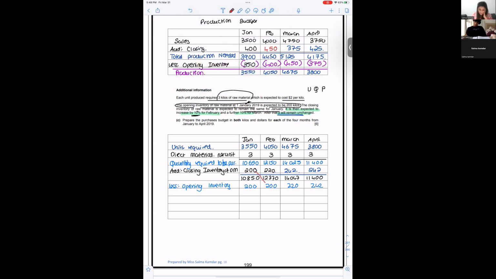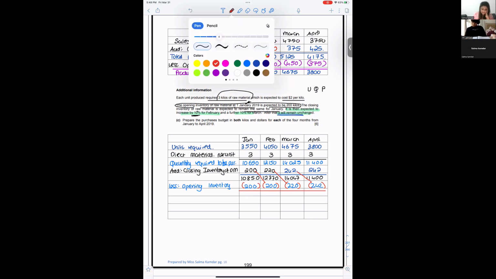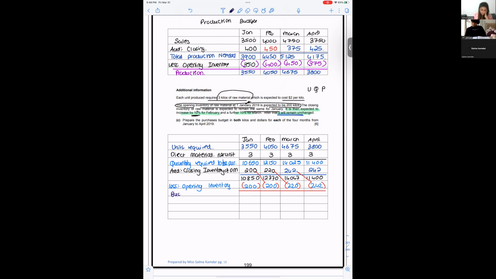So you subtract the opening inventory, and you will get budgeted purchases in kilos. It becomes 10,650, 12,170, 13,827, 11,158.